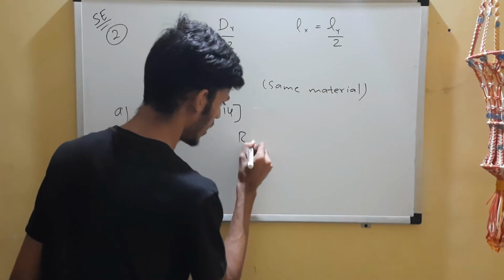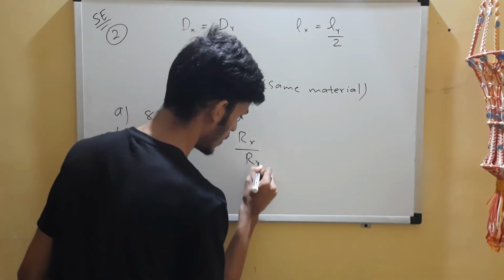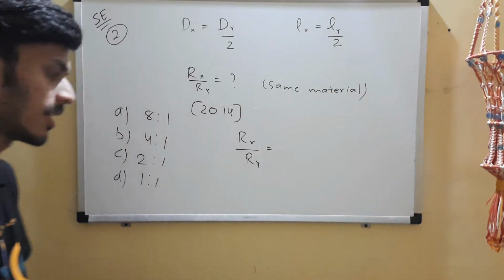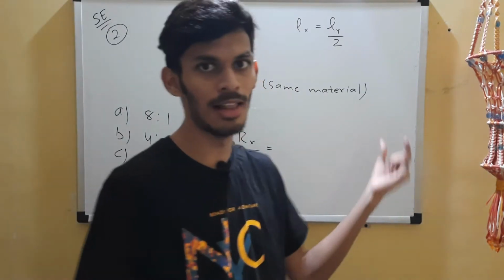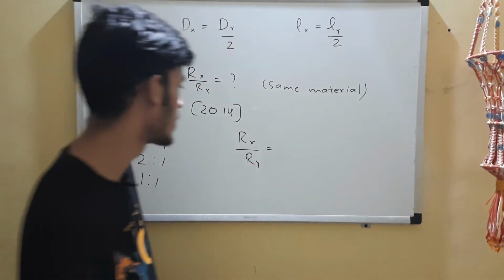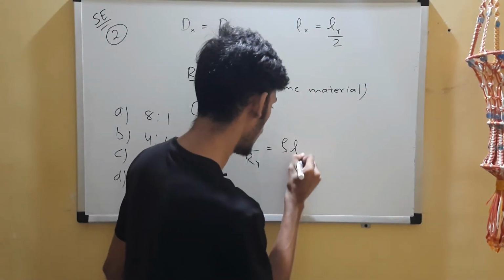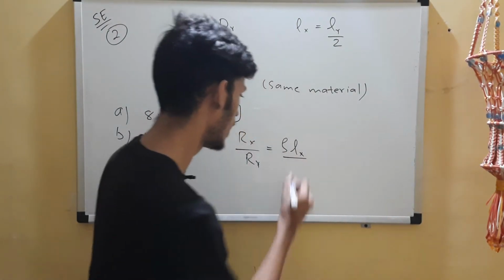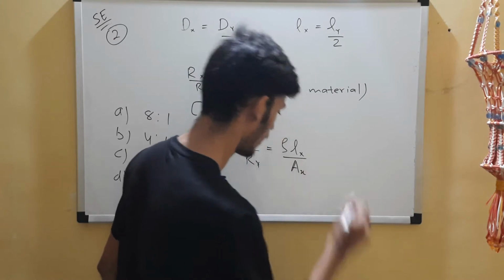You can see that Rx by Ry will be given as, here in place of R you can write rho L by A, right? Resistance is given as rho L by A. So in place of this Rx we can write rho Lx, length of the wire X, divided by area of the wire, right?